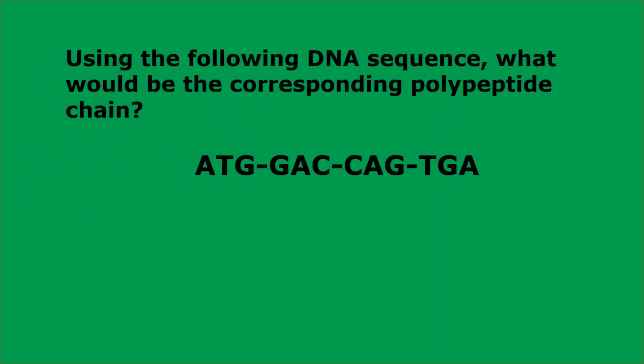So what we learned from this lesson is we look at the biological functions of our nucleic acids in the flow of genetic information from replication, transcription, and translation. So we will try this last question as a summary for everything for this lesson. Using the following DNA sequence, what would be the corresponding polypeptide chain?